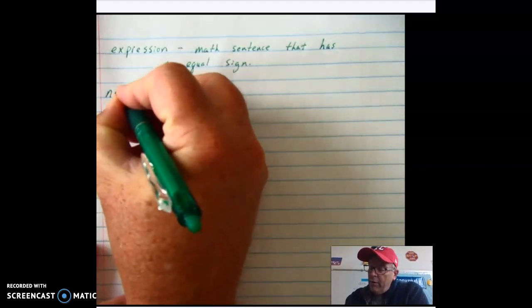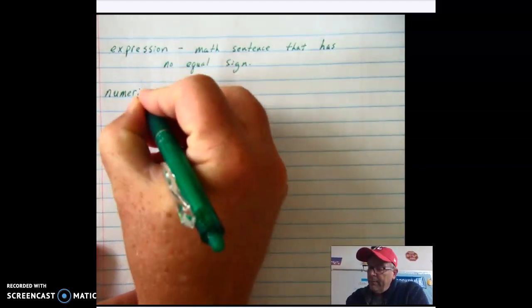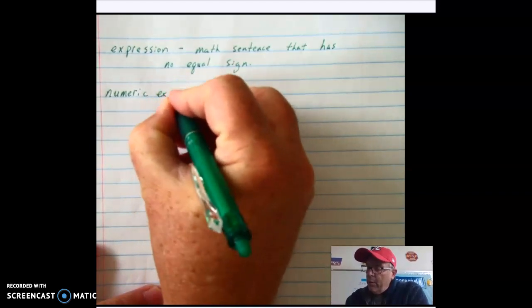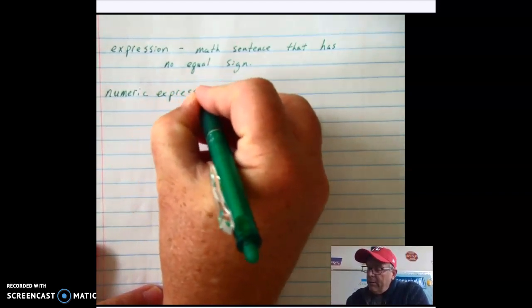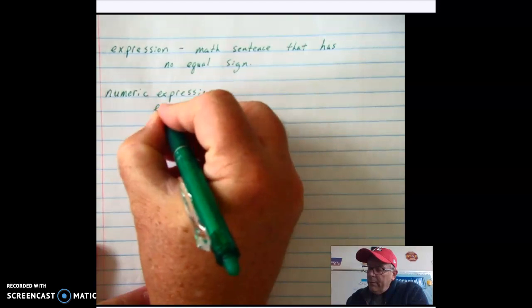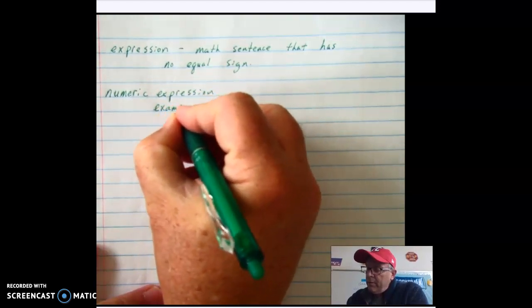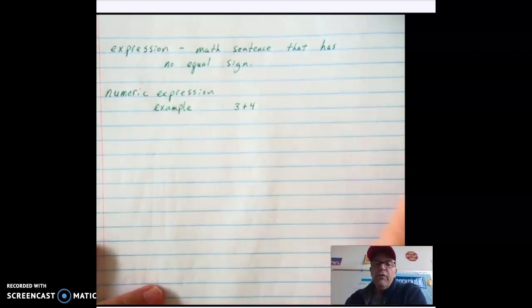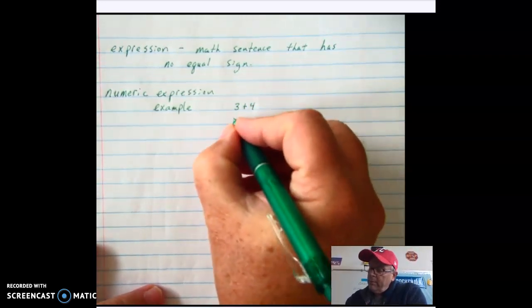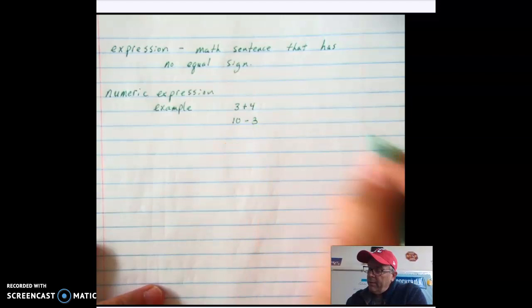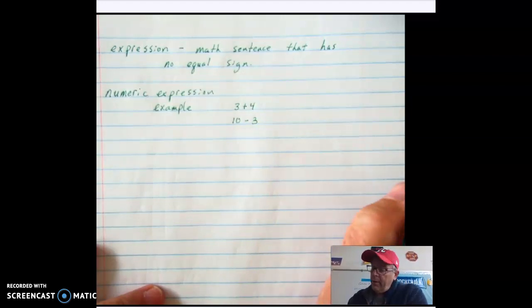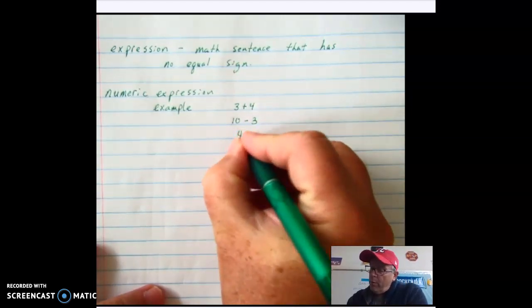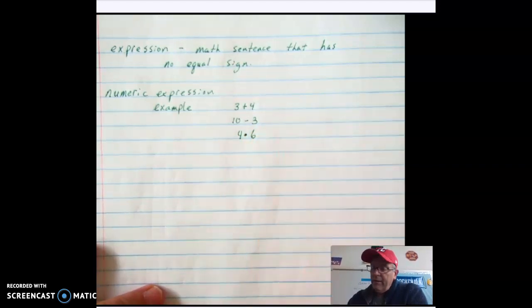You have what's called a numeric expression, and it's just like what the name says. So an example of a numeric expression would be 3 plus 4. 10 minus 3 is a numeric expression. 4 multiplied by 6 is a numeric expression.